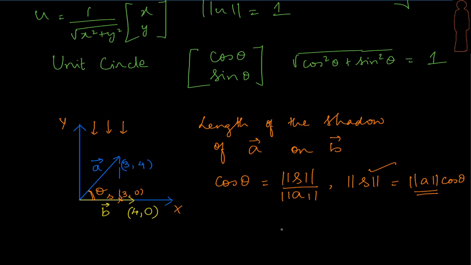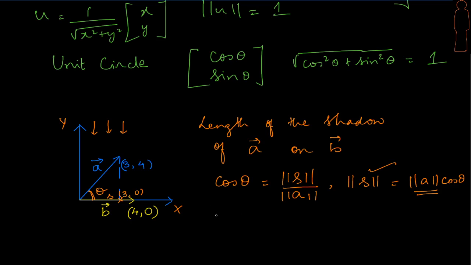Okay, let's try and generalize this. Instead of calling it the B vector or X or whatever, we will say you give me some B vector from where I measure the angle theta. Instead of the B vector, why don't we look at the unit vector in the direction of B?